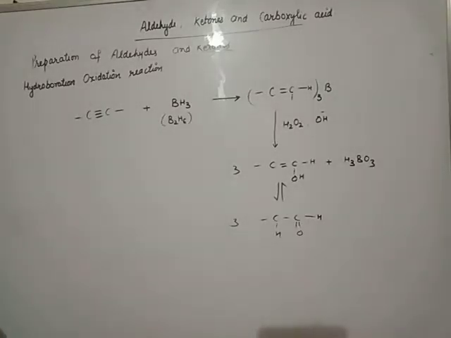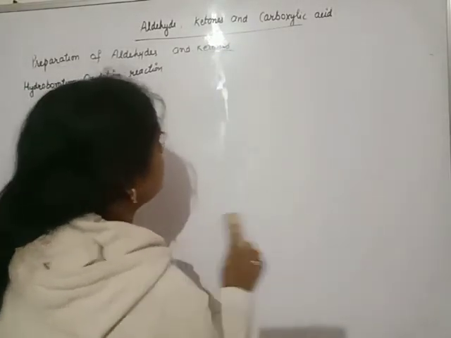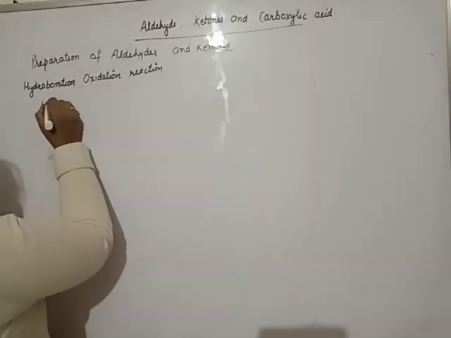And another one is the Wacker process. Beta, from the Wacker process we can't prepare methanal.